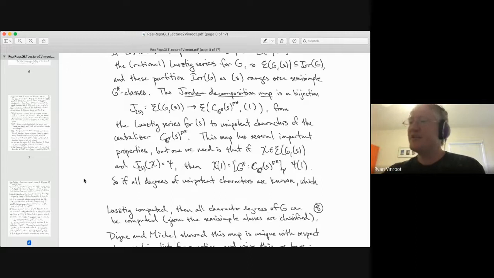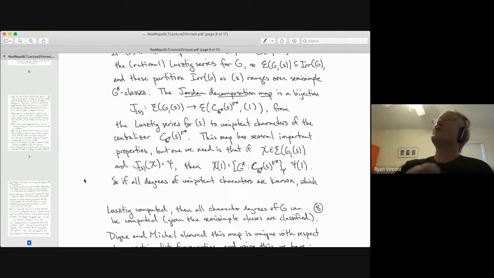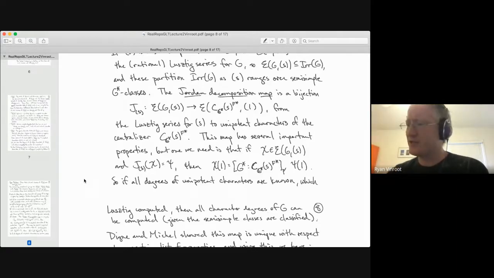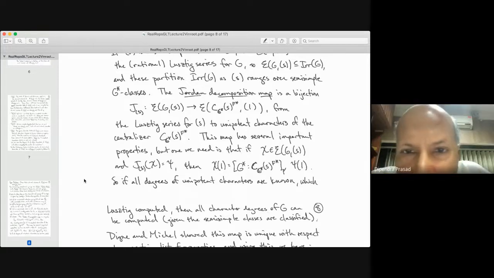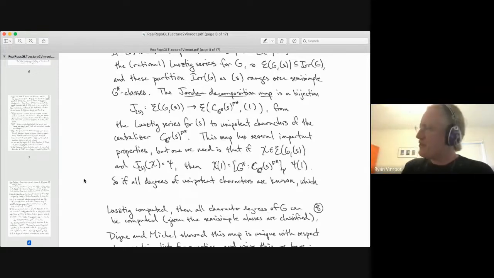I mean, one can write down some nice bijection, and there is a nice formula for unipotent character degrees in terms of these combinatorial objects that Lusztig invented called symbols. And in fact, one can write down those character degrees in terms of something that one can define.